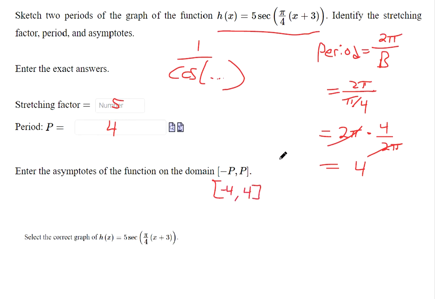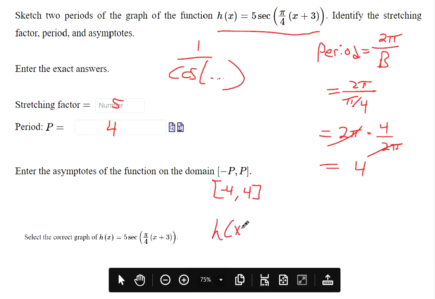To find those asymptotes, you want to find things that would cause a divide by 0 error. So this is our function, but we can rewrite it. H of x is the same thing as 5 over cosine of pi over 4 x plus 3. That's because cosine is the reciprocal of secant.